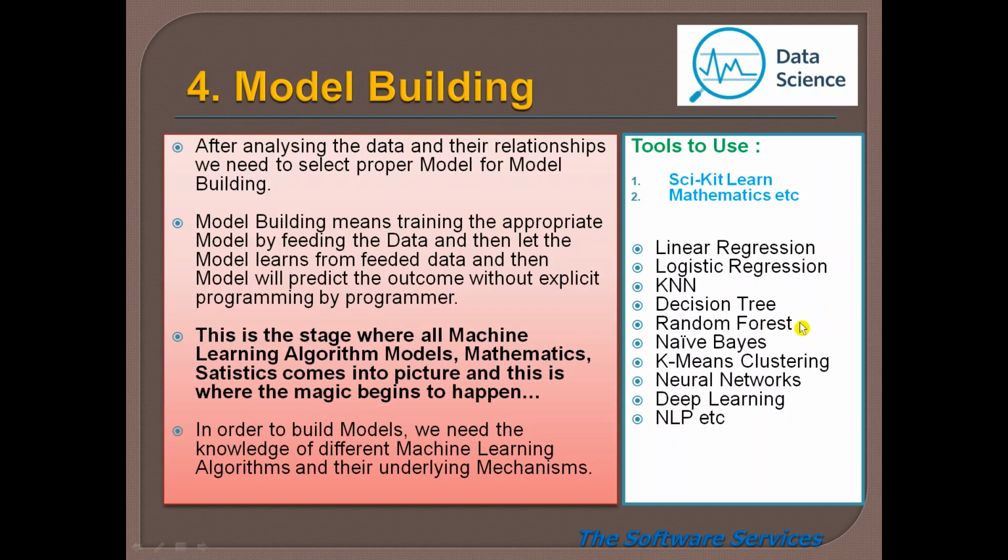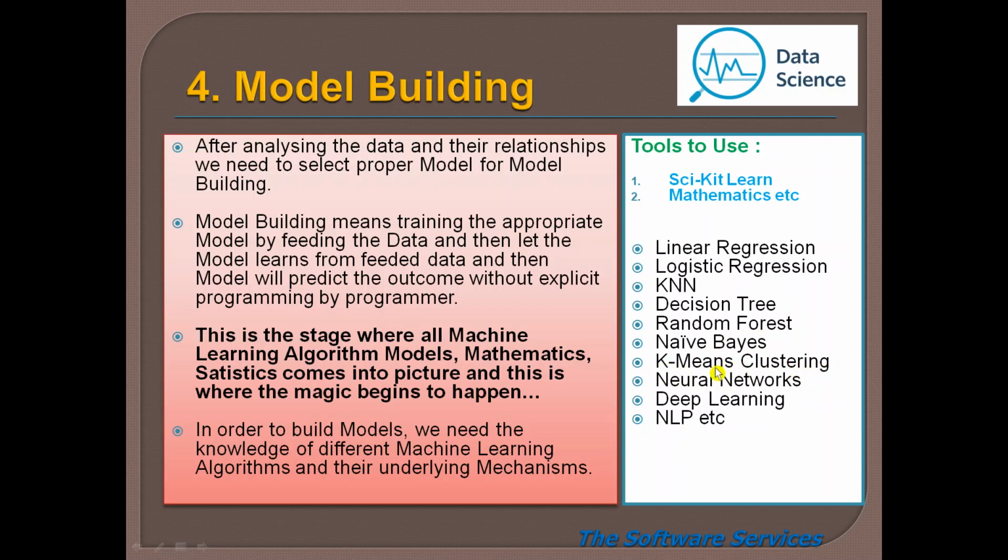If 3 of the 5 decision trees say yes and 2 say no, then the random forest algorithm picks the majority and finally says yes. And naive Bayes is a beautiful algorithm based on probability, conditional probability.